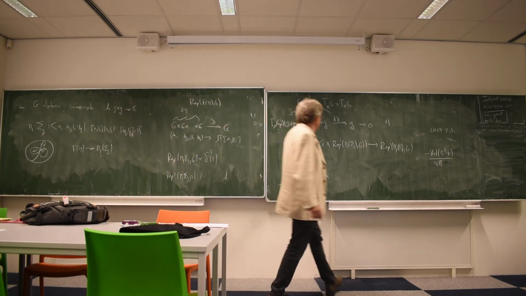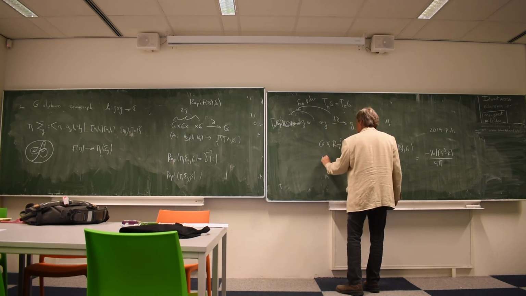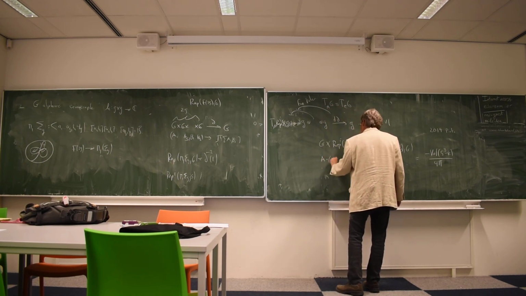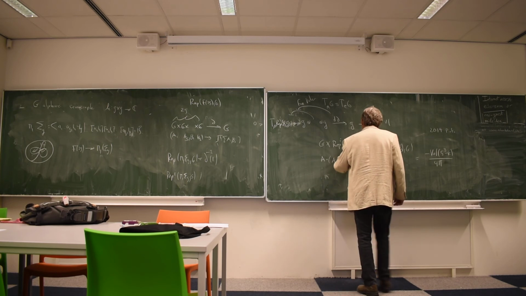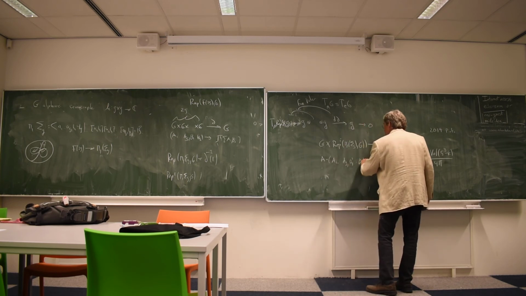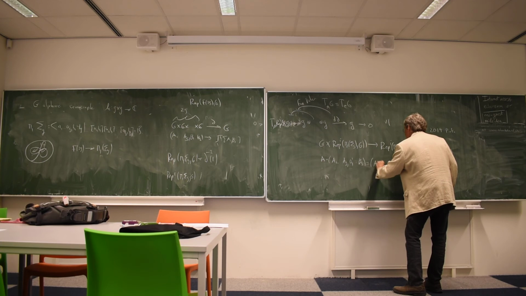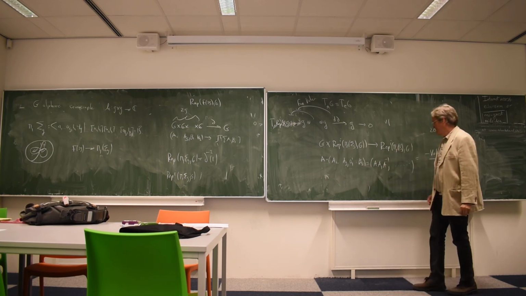So this is the action: you have the matrix here, and it's acting on A1 through AG, B1 through BG by just conjugating each one of the factors. Like that.